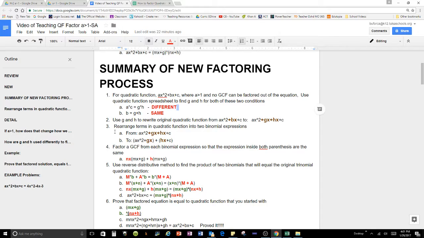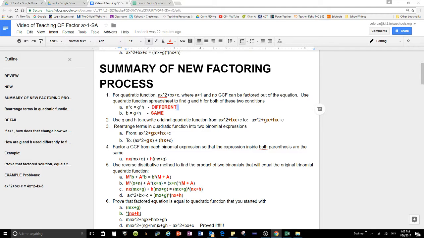So you can see that here in step 3. In step 3, we just bring down what we had up here, ax squared plus gx plus hx plus c. And remember, we had bx here, but we replaced bx, as you can see right here, with gx plus hx. And remember, we got the g and the h from here. We went to the quadratic function spreadsheet and found g and h.